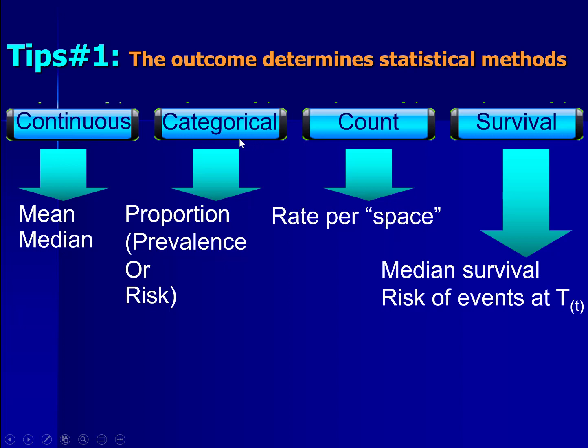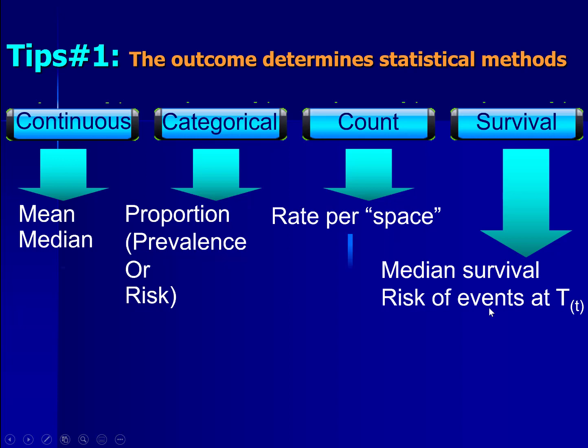Categorical outcome, like green tea on hypertension, we focus on the proportion or risk. If it is a numerical count outcome, we go for rate per person-time or whatever space. Or if the outcome is event-free duration or survival outcome, we go for the median survival or the risk of event at time t.